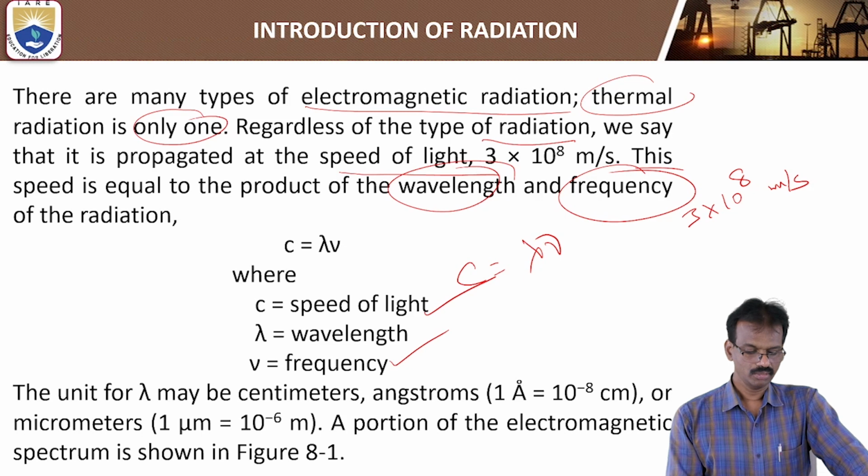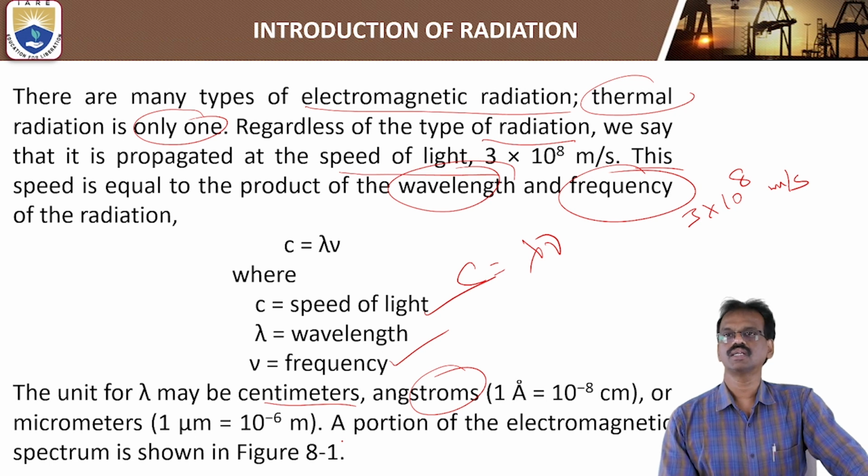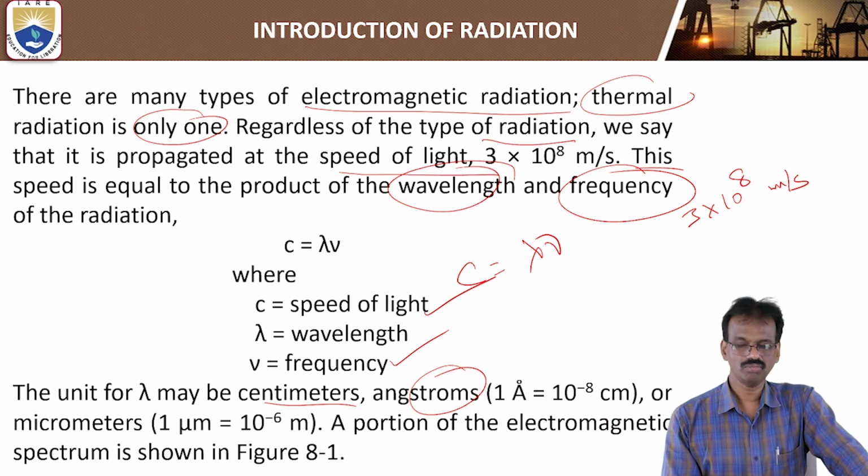The units of lambda may be in centimeters or angstroms. An angstrom is equal to 10 to the power of minus 8 centimeter, or micrometers also, where 1 micrometer is equal to 10 to the power of minus 6 meters.